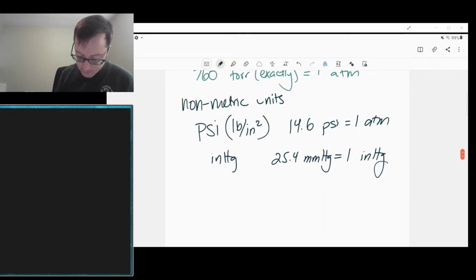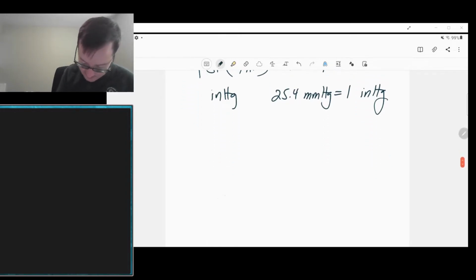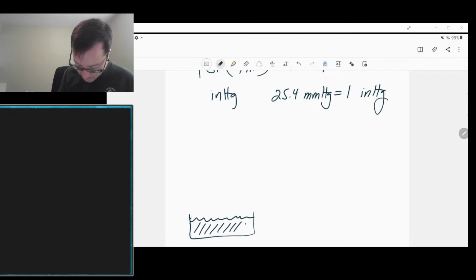So let's look at the old school way of measuring pressure. Way back when, in order to measure pressure, they had this bowl full of mercury. And the choice for that will be looked at later.